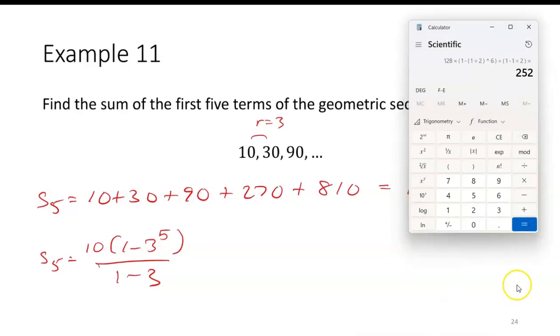So in the calculator, let's try that again. 10 times 1 minus 3 to the 5th, divided by 1 minus 3. And I get 1,210.